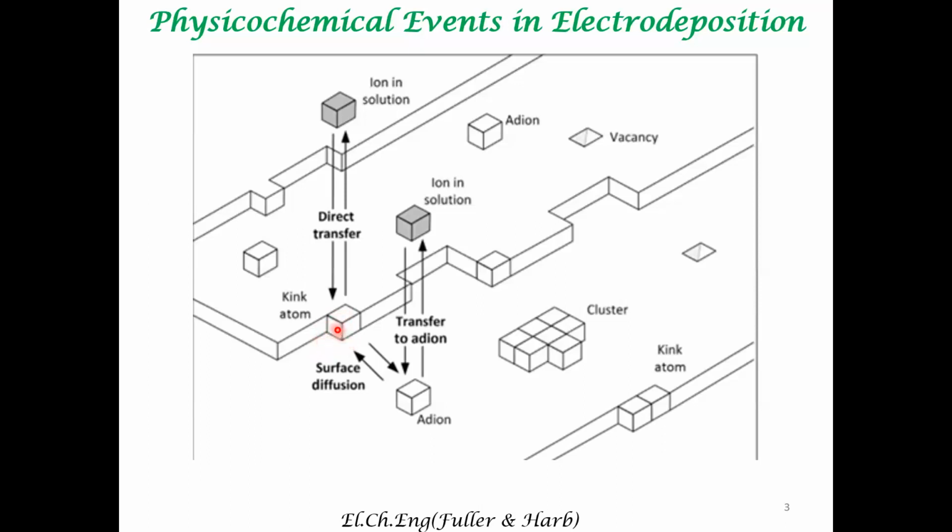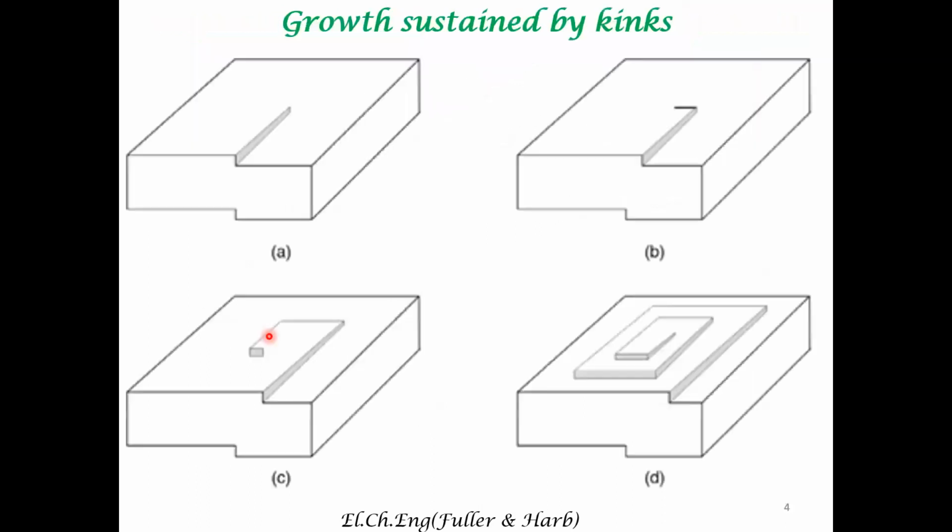So the electrodeposition may continue along the kink site itself. This has a characteristic feature. Electrodeposition initiated at the kink site can be further sustained by the kink site.